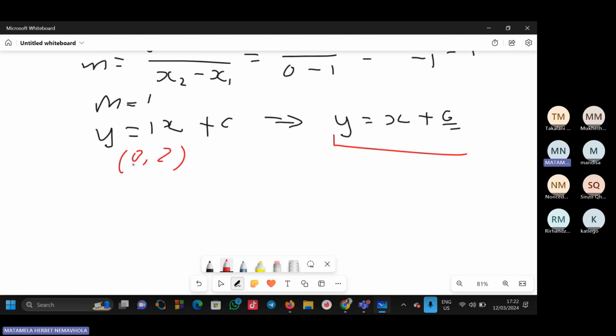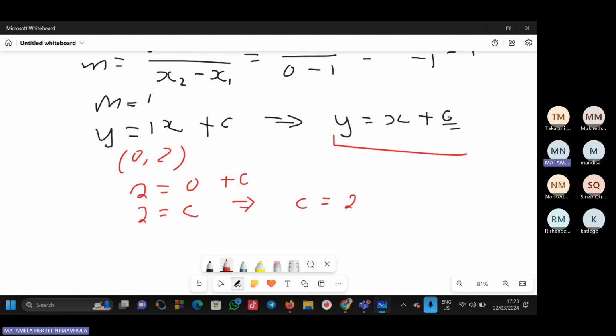So my x is 0 and my y is 2. So my y, which is 2, equals x, which is 0, plus c. So if you see there, 2 equals 0 plus c, which is c. So c equals 2.